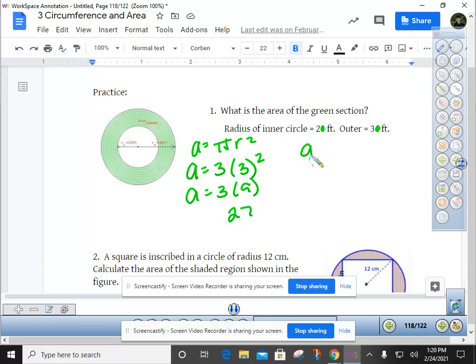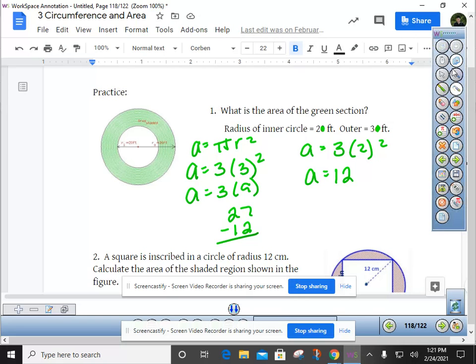The small one is going to be area equals 3 times 2 squared. 2 squared is 4, so 3 times 4. Then you subtract.